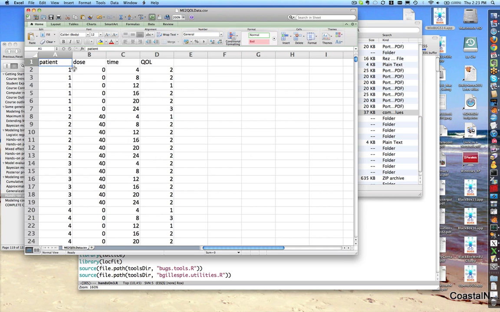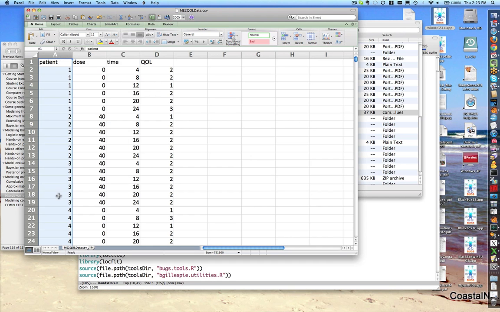So we've got a patient ID value here. In this case, it's just simple integers, and it looks like I already set them up as an integer sequence starting at 1. We've got the dose, which is either 0 or 40 milligrams per day in this case. We've got time in weeks, and our QOL measurement. So again, you can see it's either values of 1, 2, or 3, and you'll see various patterns over time with that.